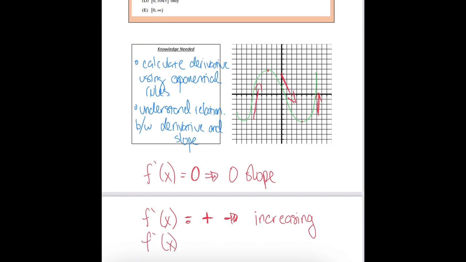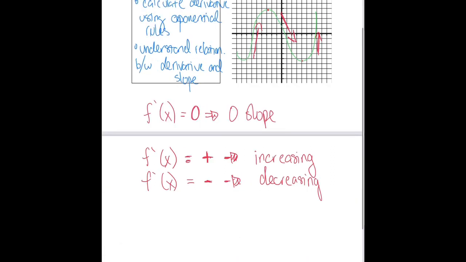And for any values of x where we are getting a negative value when putting that into our derivative, we also know that that means we're getting decreasing slope, where the slope is going downwards. All right?